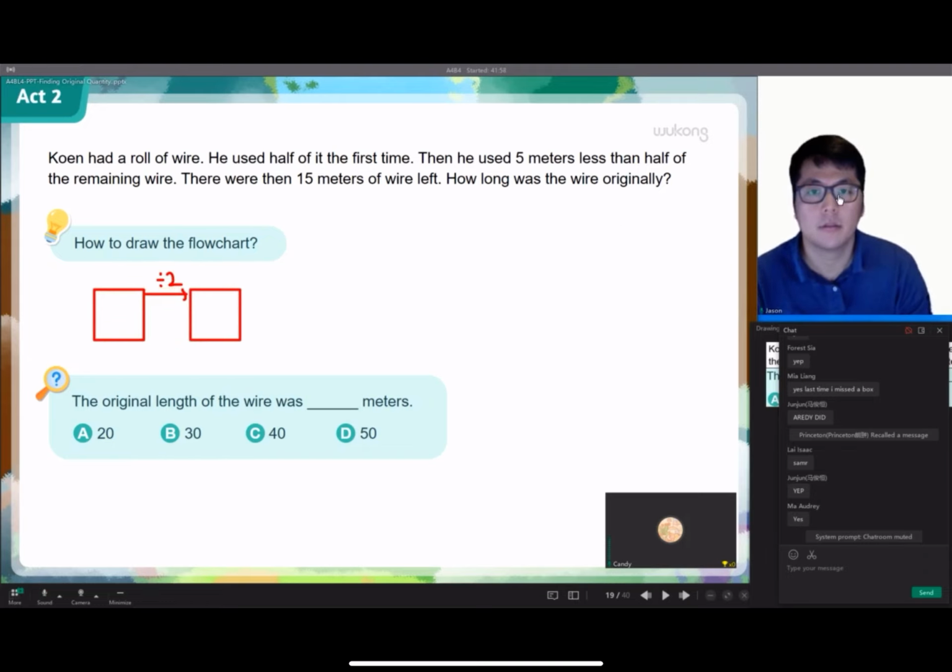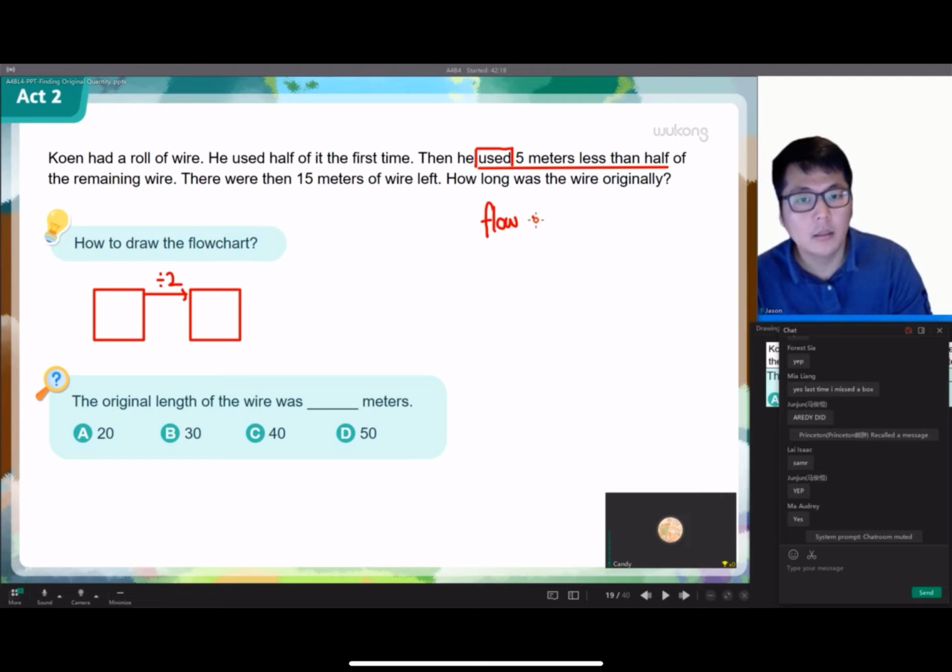Okay. And then he used what? Then he used 5 meters less than half of the remaining wire. Okay, now he used. But in a flowchart, what are we finding? We're finding what is left, right? Right, Candy? Yeah.